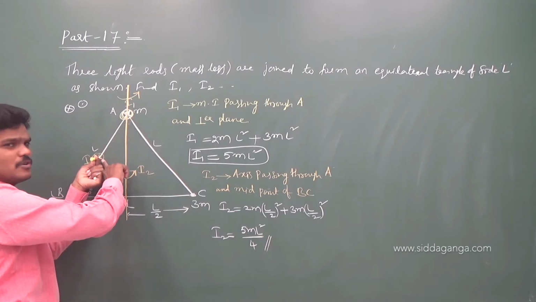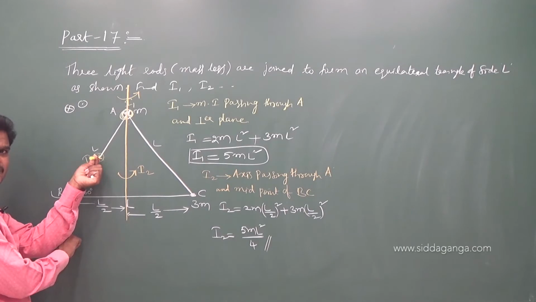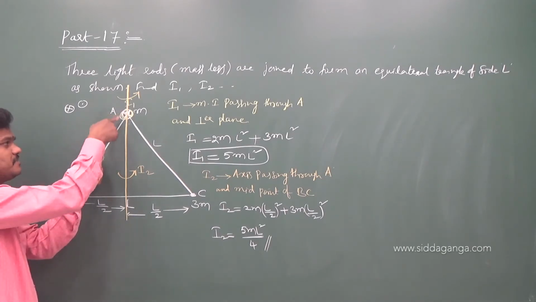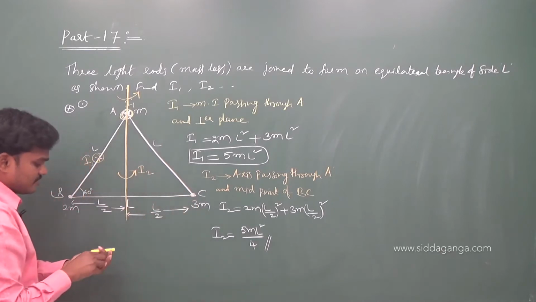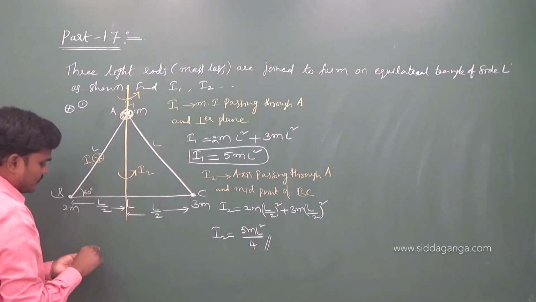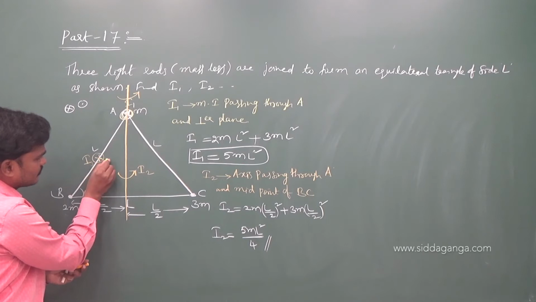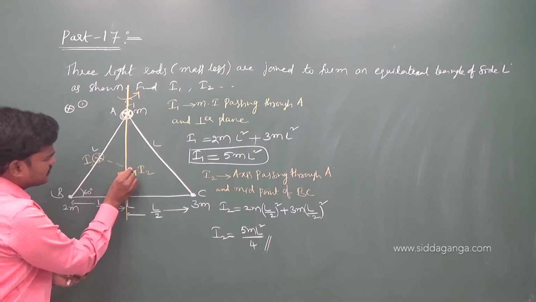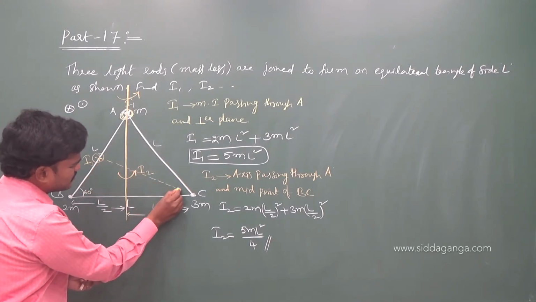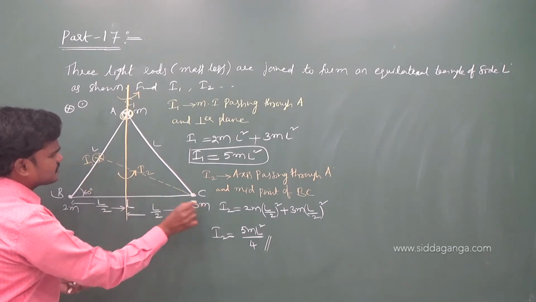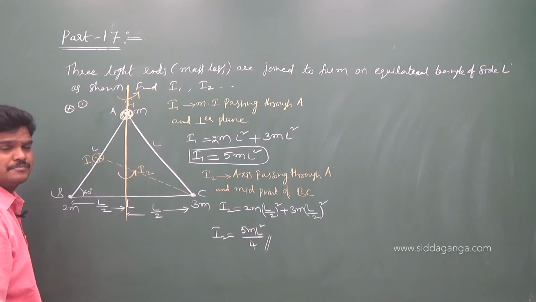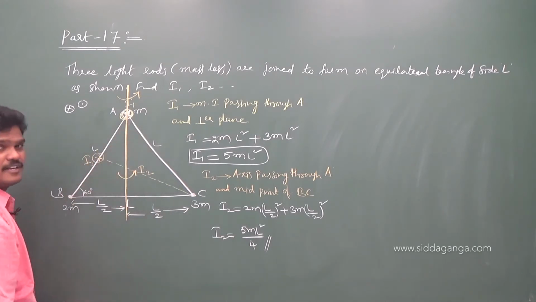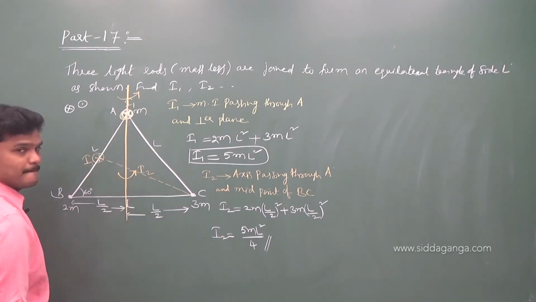The mass is at a distance of L by 2. This 2m mass is also at a distance of L by 2. M is L by 2, 2m is L by 2, and for this perpendicular distance, guess it. You draw separate diagrams. What is this distance? This distance is very clear, root 3 L by 2.